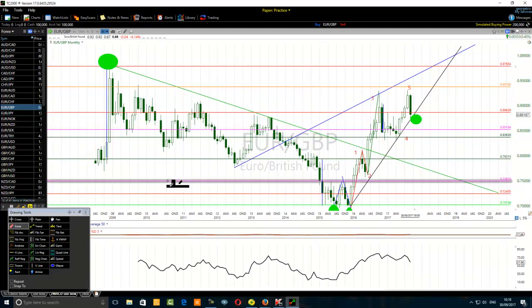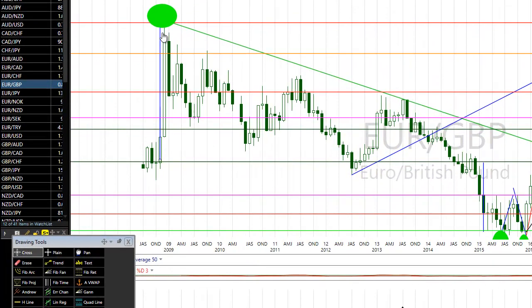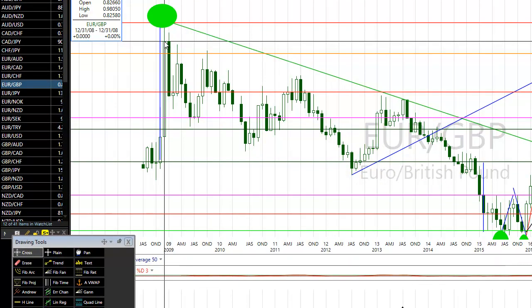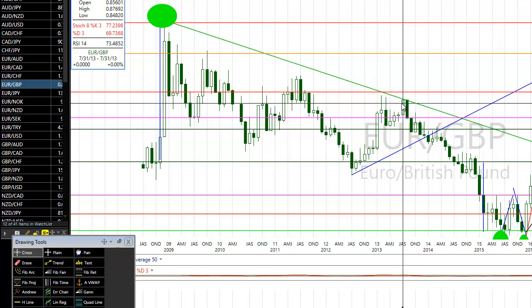The next trend line that I want to talk about, talking about how to improve FX and Euro GBP trading using trend lines, is this green trend line. So we are connecting the high of December 2008 to the high of July 2013.